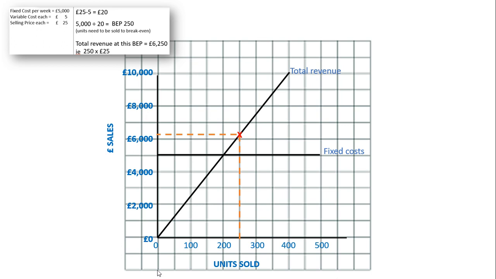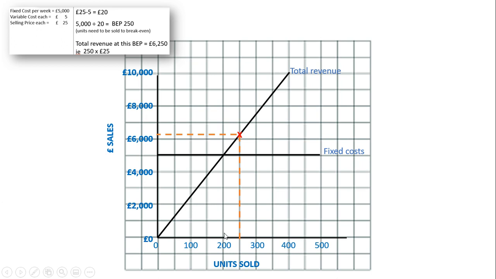Okay, so you plot your total revenue line from the 0 all the way through the break even cross and up to the top. And that basically tells me I can see at, say, for example, 200, I would have made, oh, I didn't mean to do that. Hang on. I was trying to explain. Right, so I clicked and I didn't.